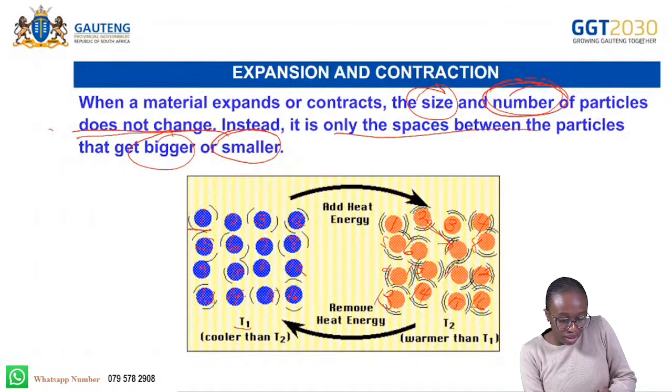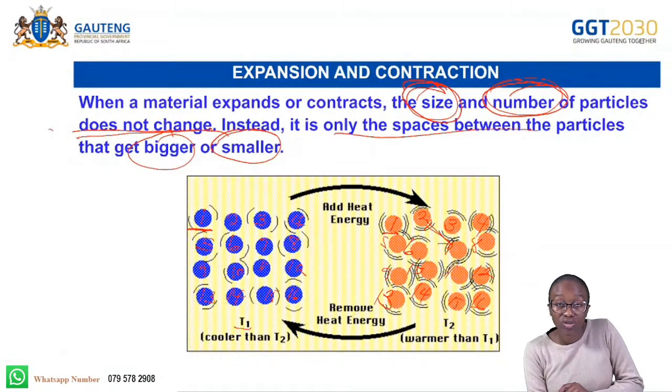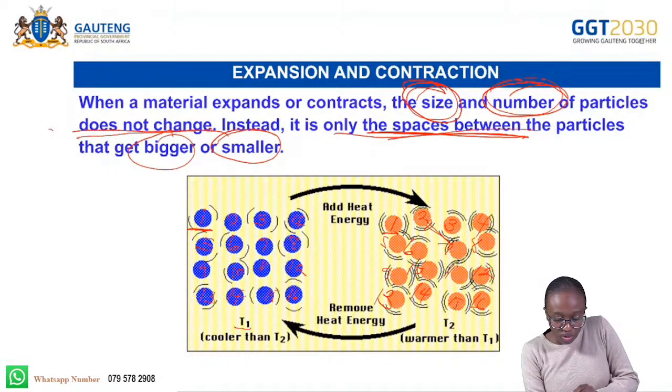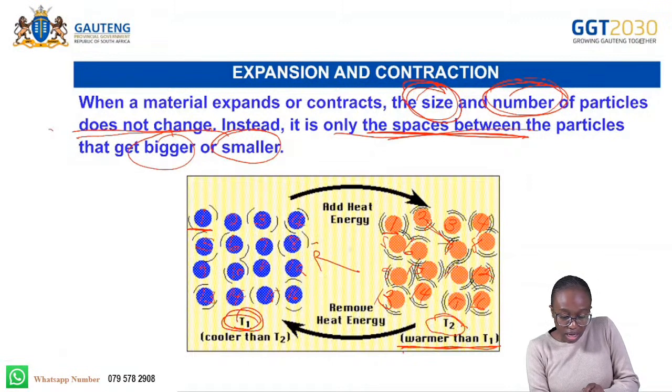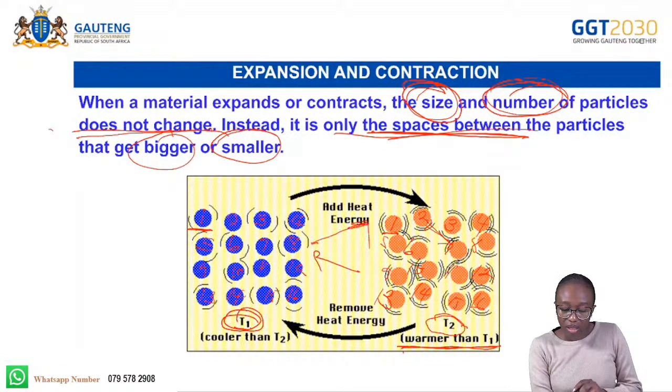If we look at the circles, they are still the same size, so the size of particles does not change. What changed was the spaces between them. The spaces between the particles in T2 are different from those in T1. T2 is at a warmer temperature than T1, and T1 is at a cooler temperature than T2.